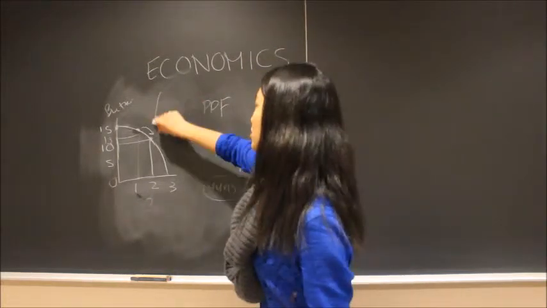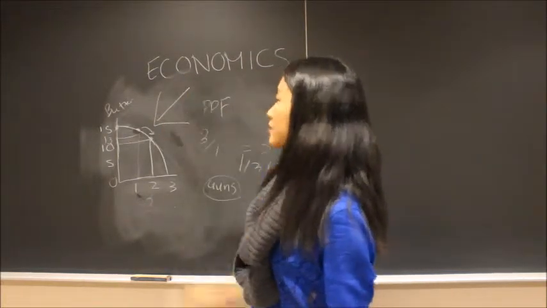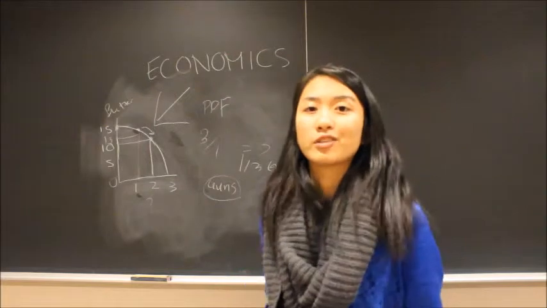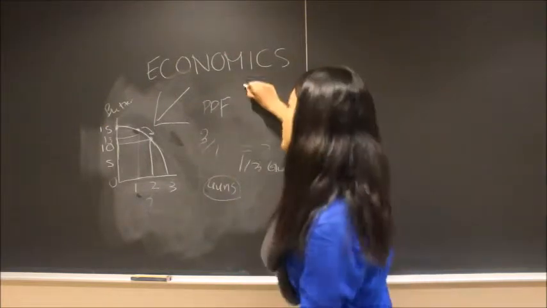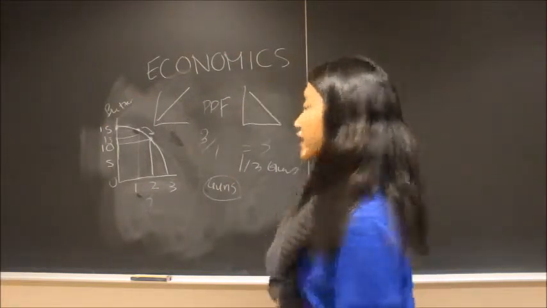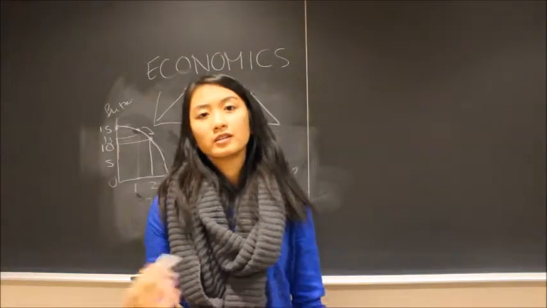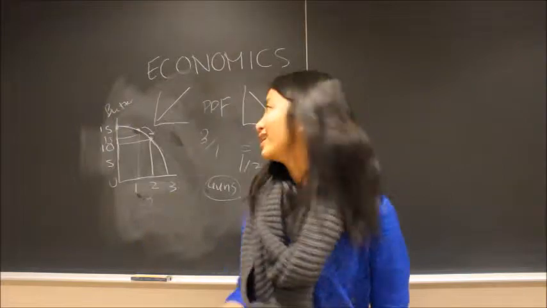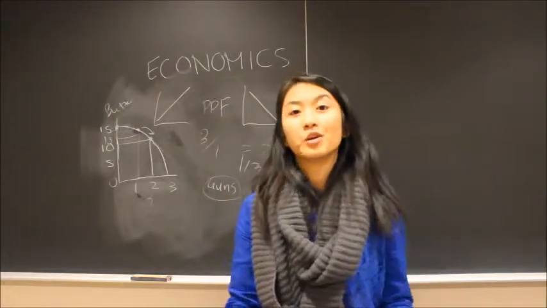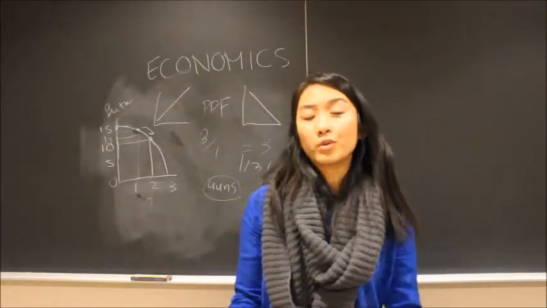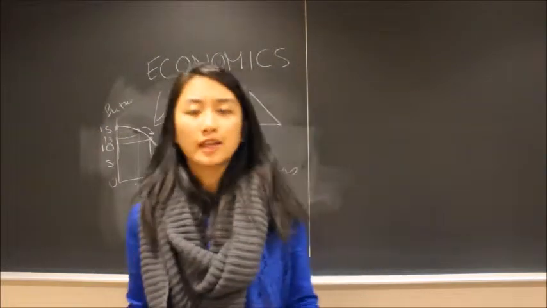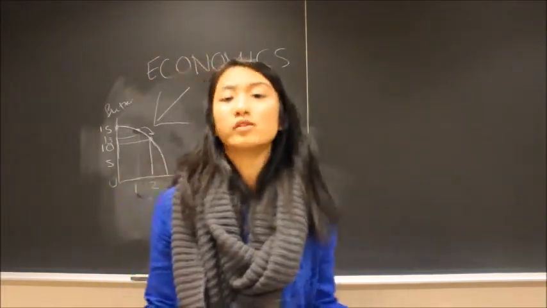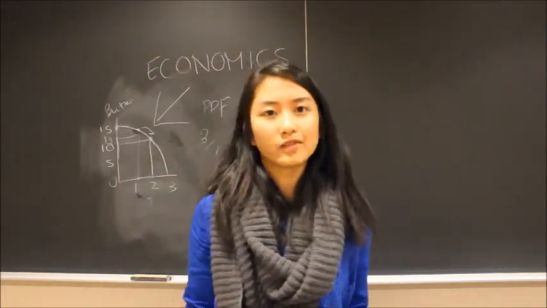For marginal cost, it would look like this, because every additional thing is rising in cost, and marginal benefit is like this. It's the other way around, because with every additional thing that you're consuming, the value of the benefit you're deriving is lowering. And those are just the 2 individual curves and concepts that you have to understand.